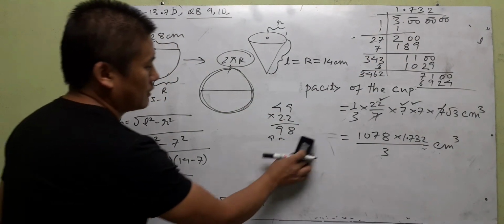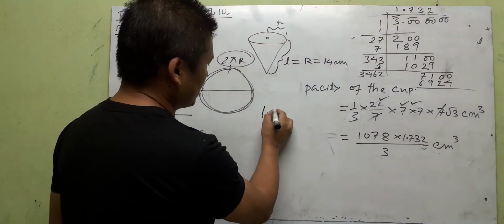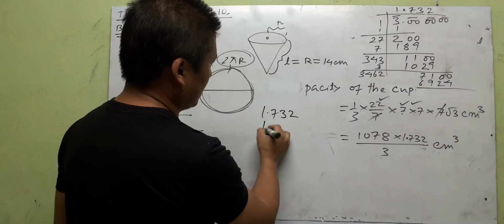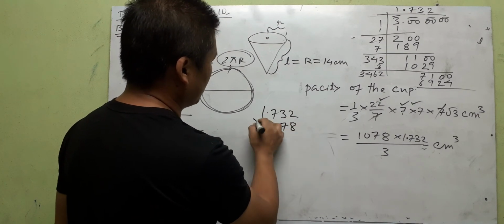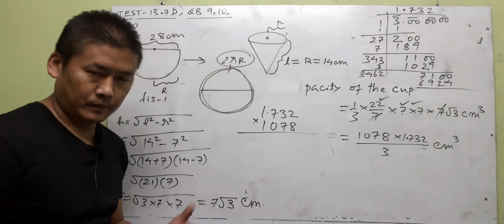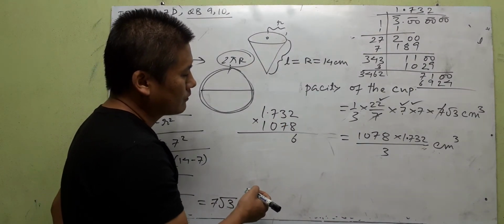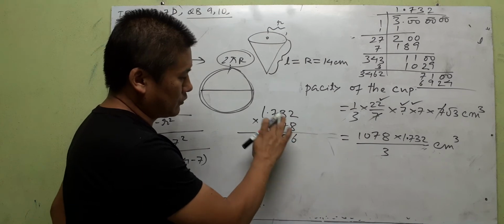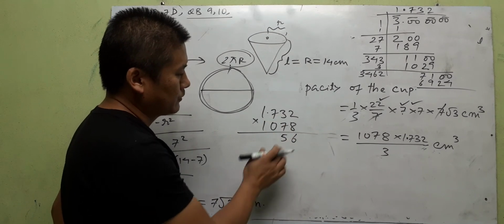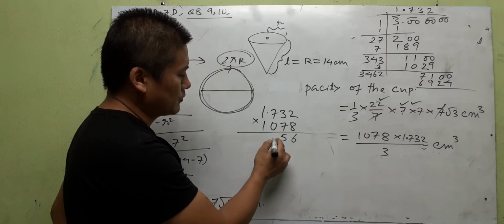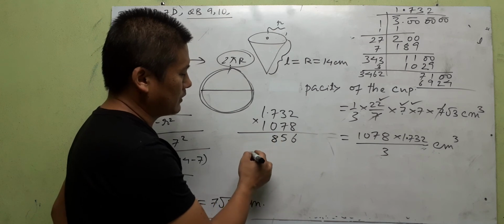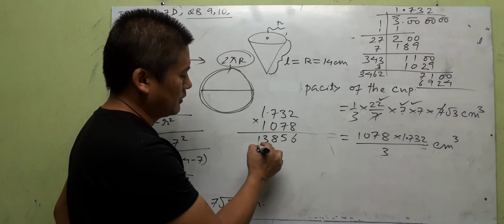Okay, so let us carefully multiply this 1.732 with 1078. Careful multiplication is required. Patiently we have to do it, a little bit long. 8 2s are 16, 8 3s are 24 plus 1, 25, 8 7s are 56 plus 2, 58, 5 in hand, 8 1s are 8, 13.